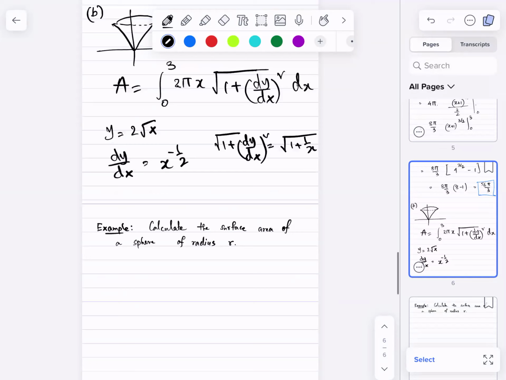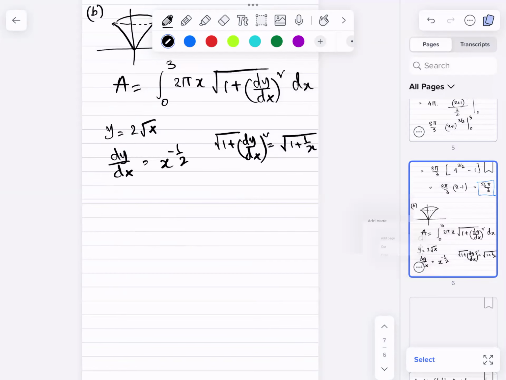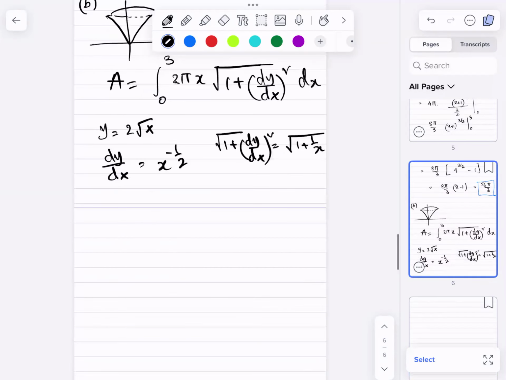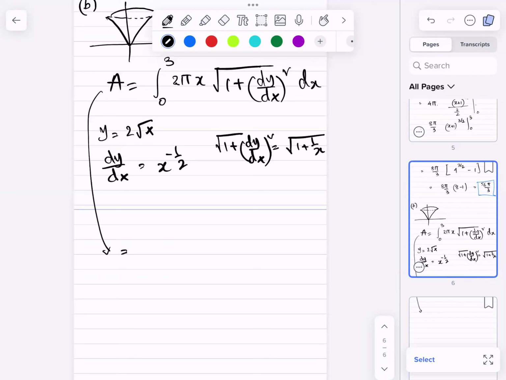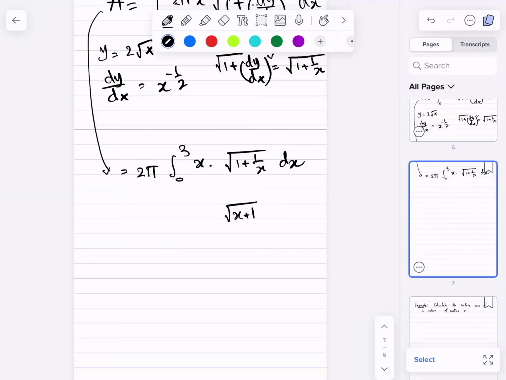Okay, one more page. So this now becomes 2 pi, integral from 0 to 3, of x times the square root of 1 plus 1 over x, dx, which is just the square root of x plus 1 over square root x, times x, with 2 pi in the front and dx at the end.